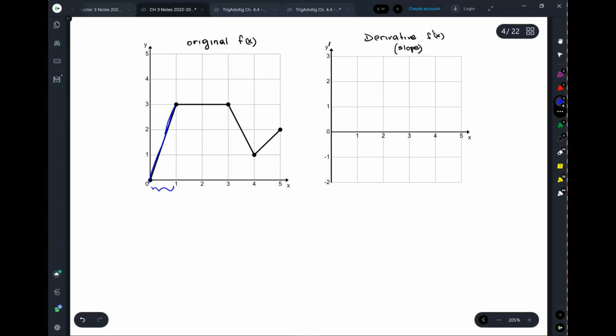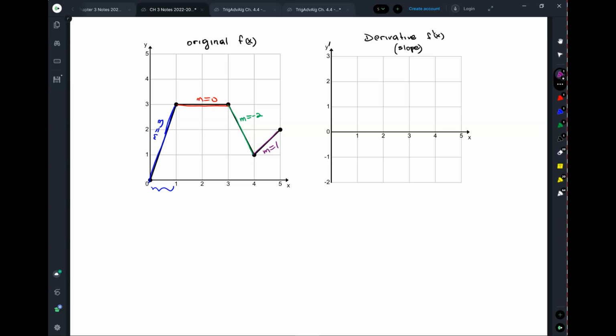What's the slope of that? 3. The next one, what's the slope? 0. The next one here? And then finally, the last one? 1.